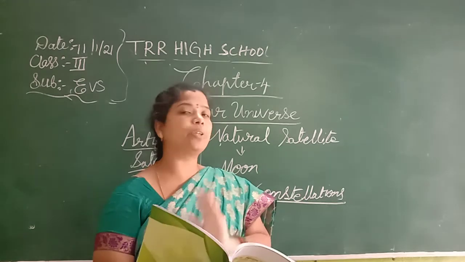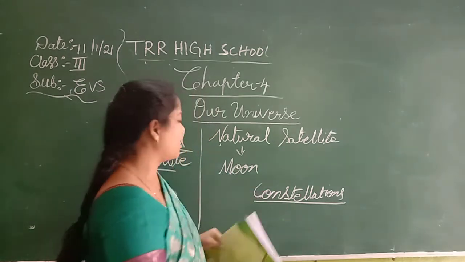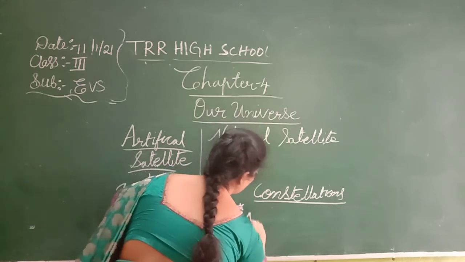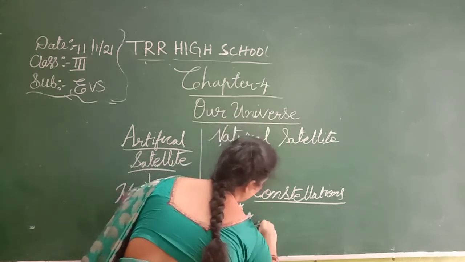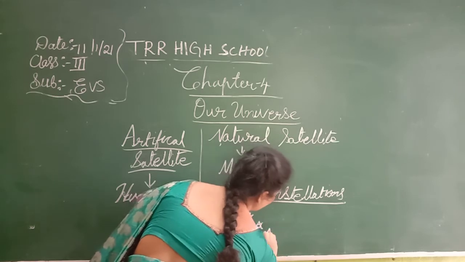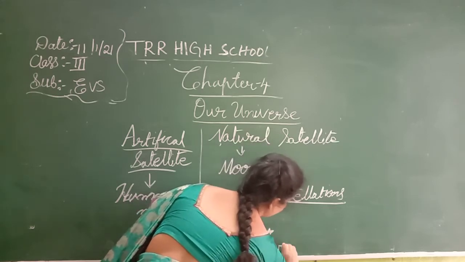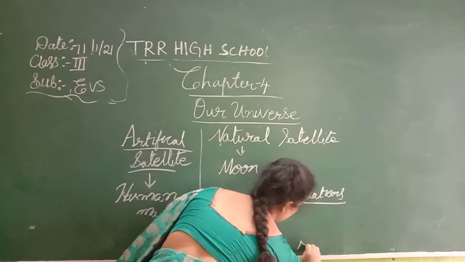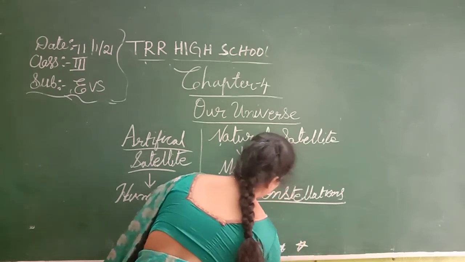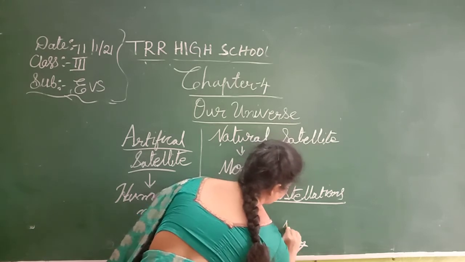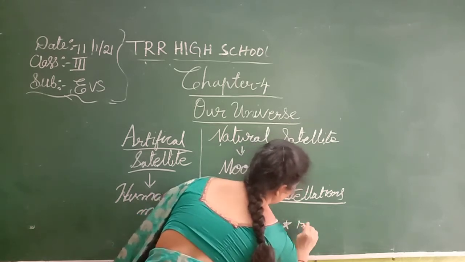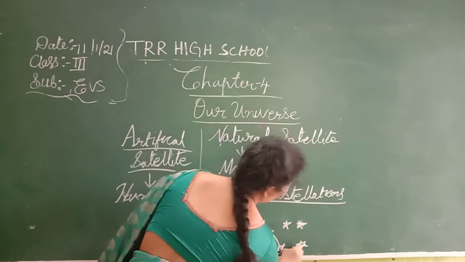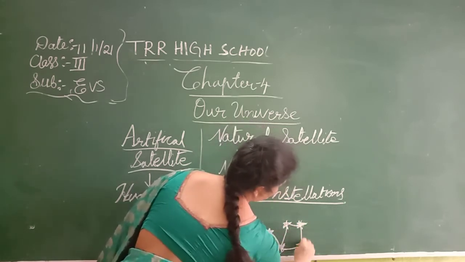If you didn't observe, you observe. There are some figures you will find in the sky, like a spoon. When you join these stars, you'll form something like a spoon.